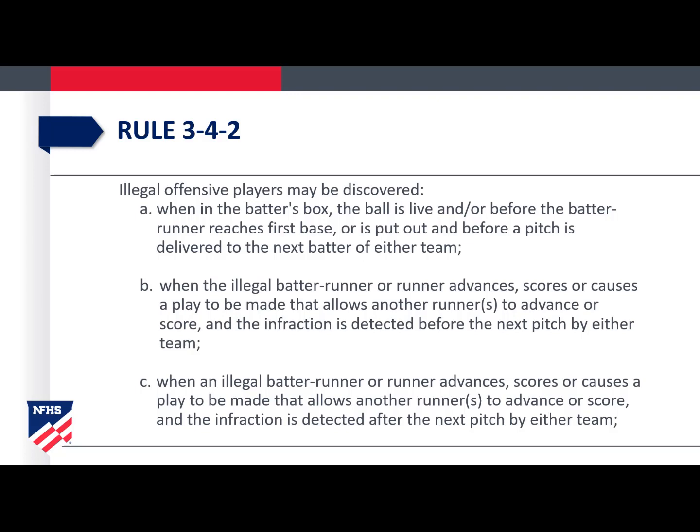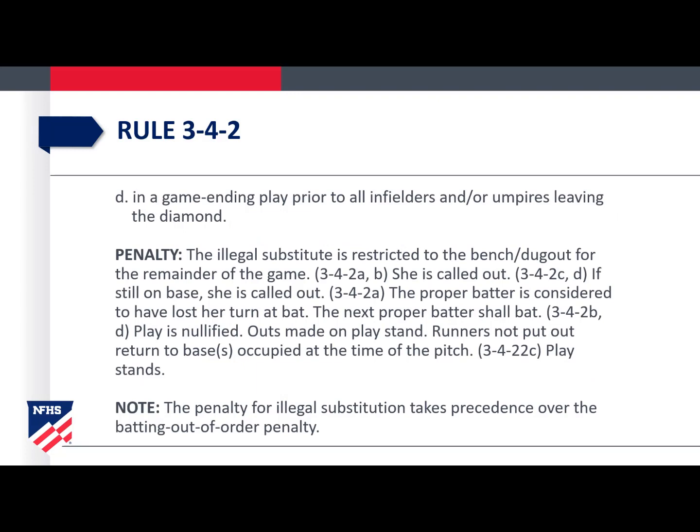C, when an illegal batter-runner or runner advances, scores, or causes a play to be made that allows another runner or runners to advance or score, and the infraction is detected after the next pitch by either team. And D, in a game-ending play prior to all infielders and/or umpires leaving the diamond.